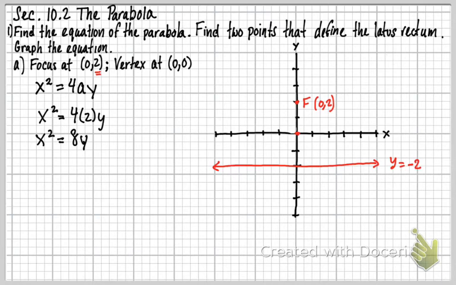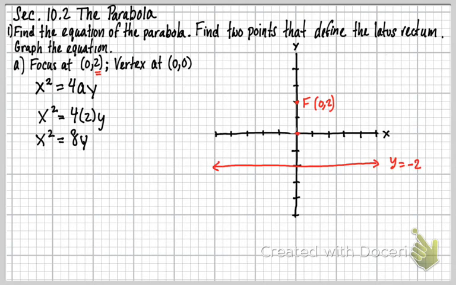So always the direction you're going in, that's the letter you pick. Since this thing's going to open in the y direction, that means I'm going to pick my y value. If I open in the x direction, then I'm going to pick an x value. And we'll play around with that some more. Now remember, I should get 2 values for that, and that's kind of the other side of it.